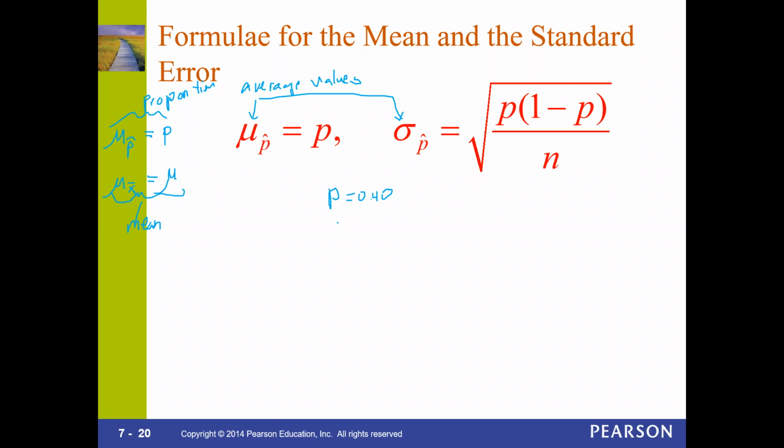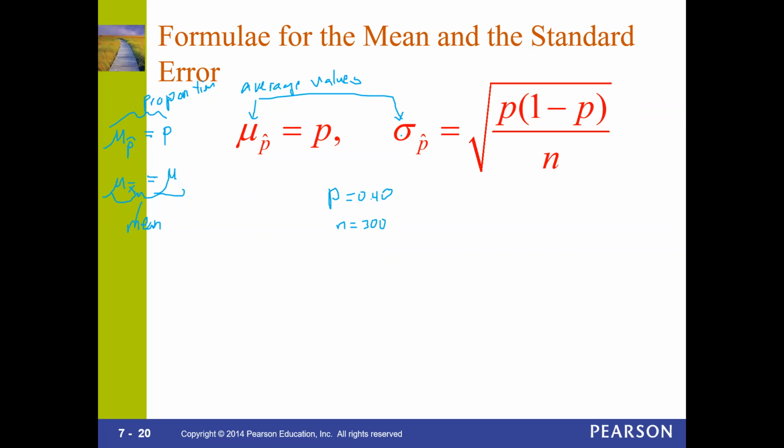We had N equal to 300. We can find it for the other one too, but let's find the example we just did. N is equal to 300.